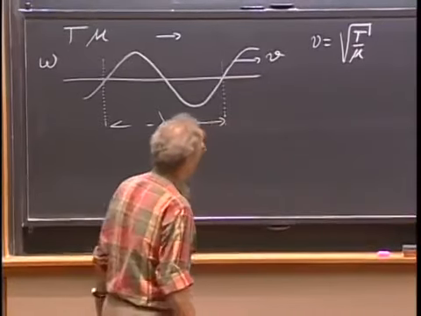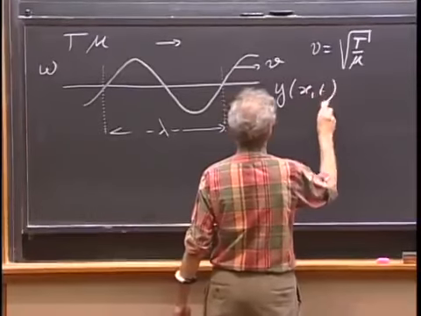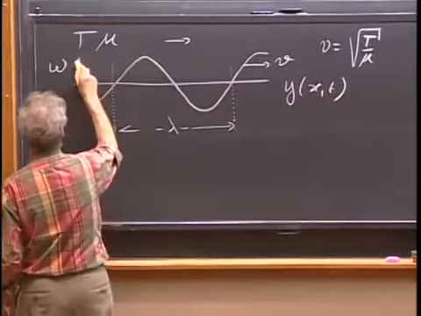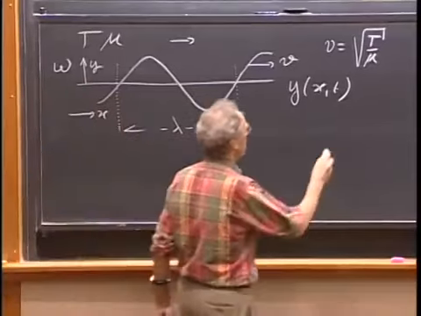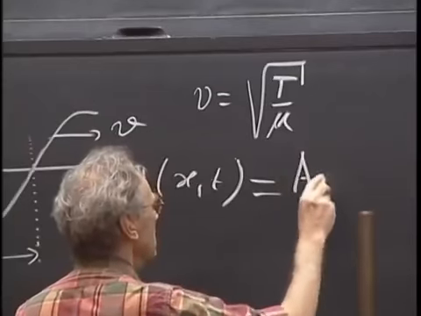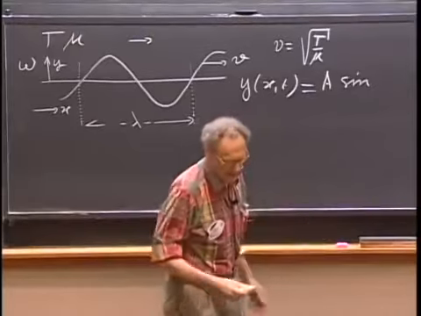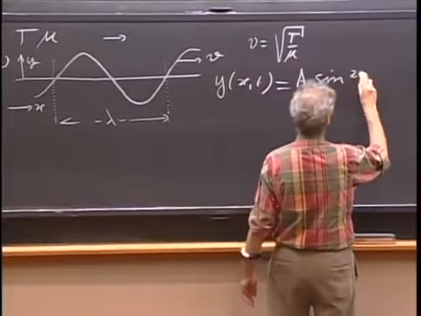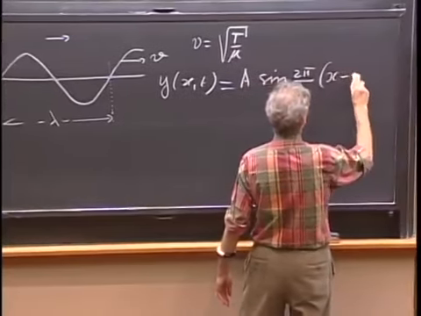And so y as a function of x and t, y being in this direction, x being in this direction, is then an amplitude A times the sine, or if you wish, a cosine, that's fine with me, of 2 pi divided by lambda times x minus vt.